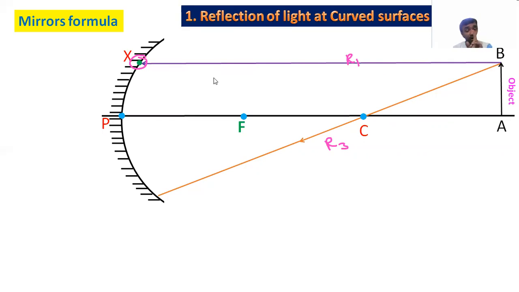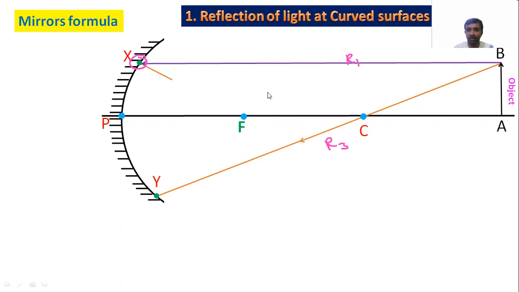Previously I used R1 and R2. Now I'm using R1 and R3, right? So here we know the behavior of a parallel ray. One of the rays, R1, is incident on the concave mirror at a point X, and the second ray, R3, is incident on the mirror at a point Y below the principal axis.